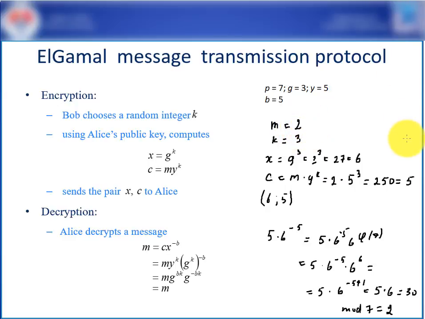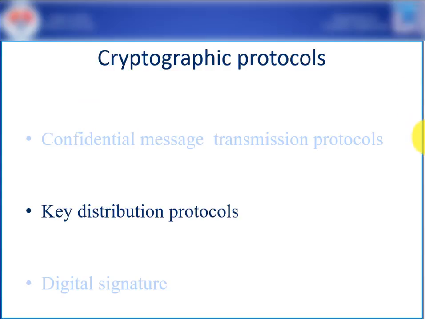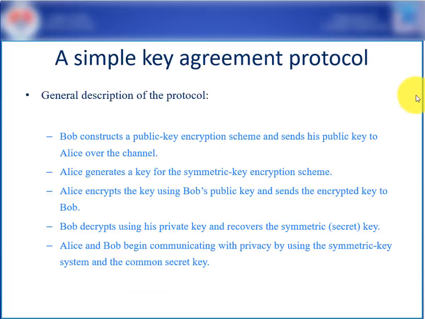As we said, the security of this ElGamal transmission protocol relies on the discrete logarithm problem. So now let us consider how public key cryptosystems can be used for key distribution protocols. The general description of a simple key agreement protocol includes several steps.